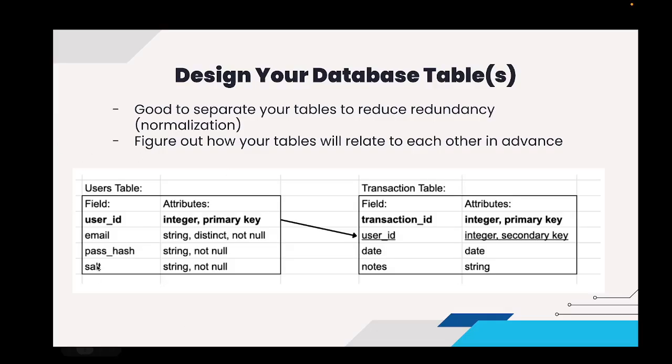So I'm going to be using this users table. We can also create this transactions table, but for the sake of my app, I only have a user, their email, their password, and I don't really care about anything else because all I really need is this information to log them in and sign up.